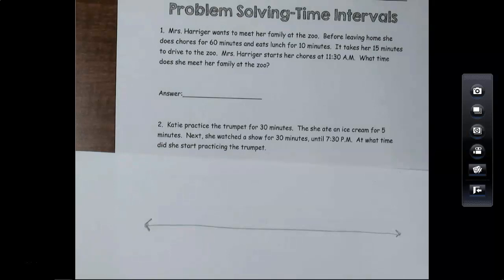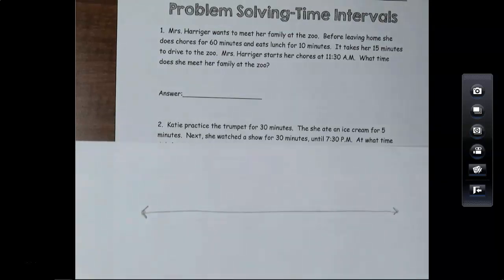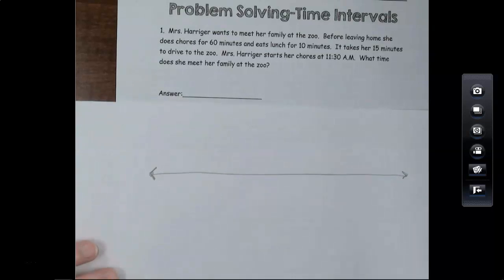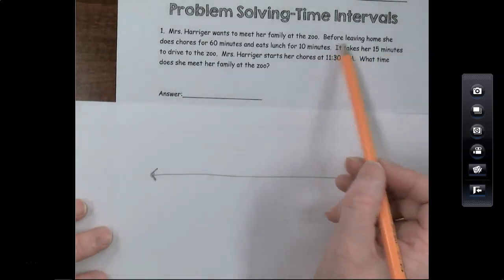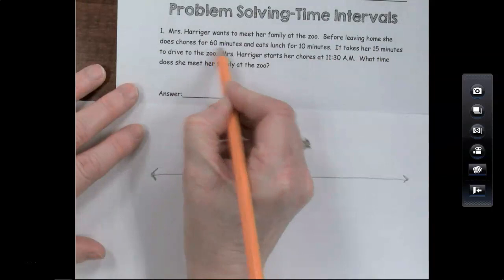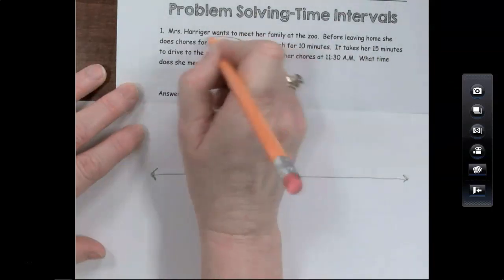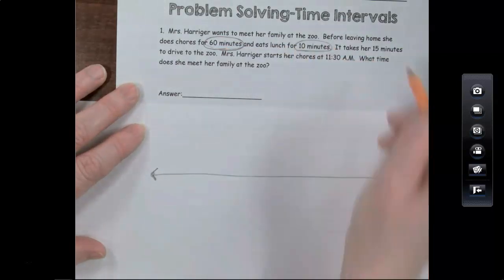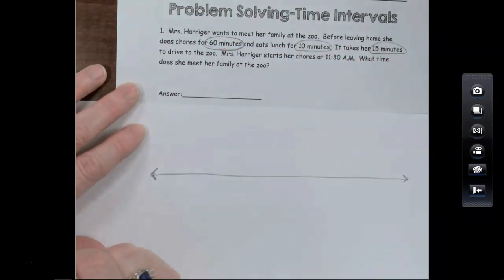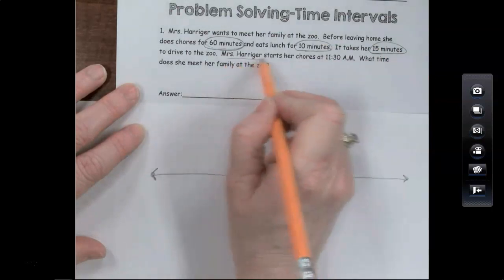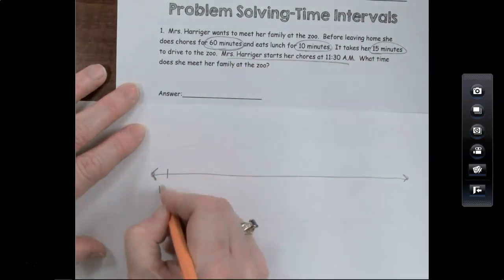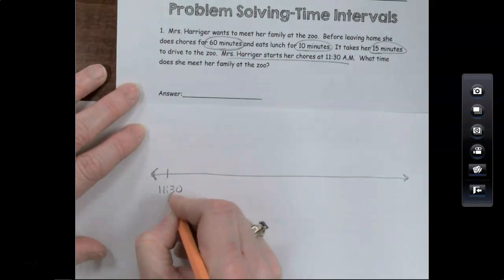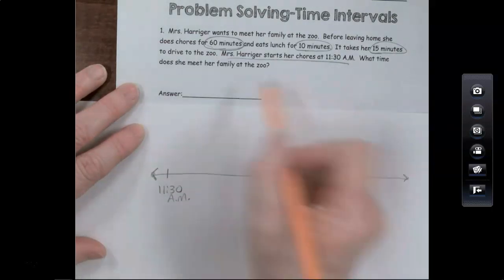If Mrs. Harriger starts her chores at 11:15, what time does she meet her family at the zoo? So we're going to start chores at 11:15 a.m. What time does she meet her family at the zoo?